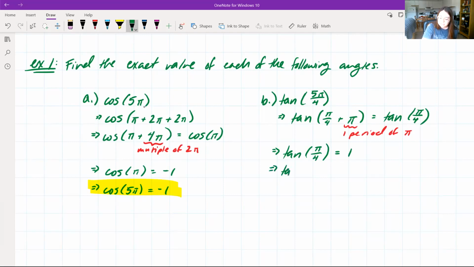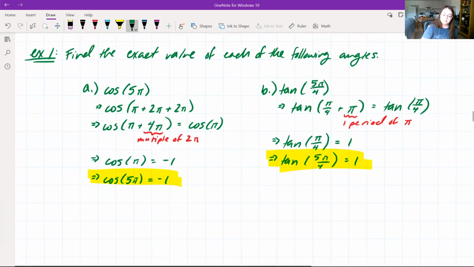So this means that tangent of 5 pi over 4 is going to be 1. So that would be how we would find the exact value of angles that include different periods. So we can always simplify these.